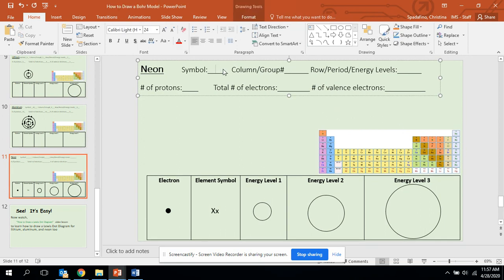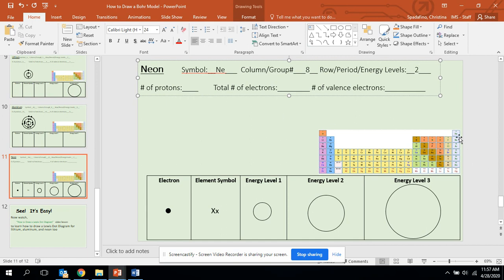So, neon, symbol, capital N, lowercase e. Column, or group number, is 8. It's actually group 18. Our row, it's in the second row.